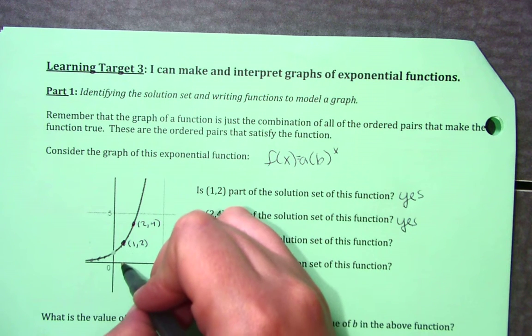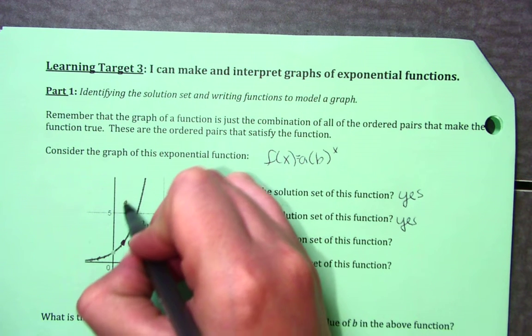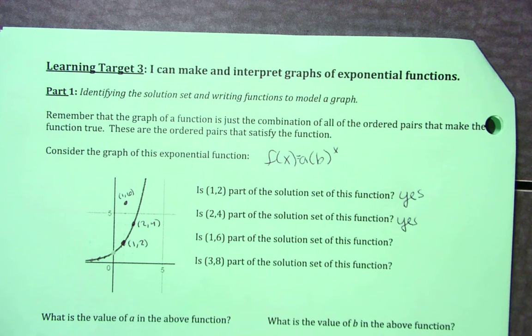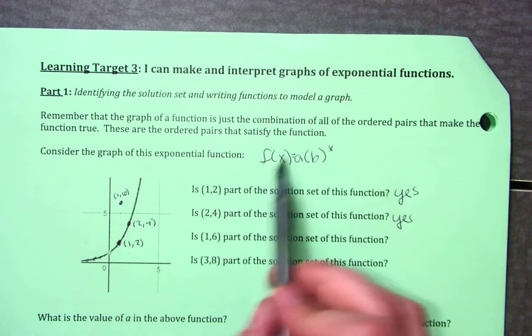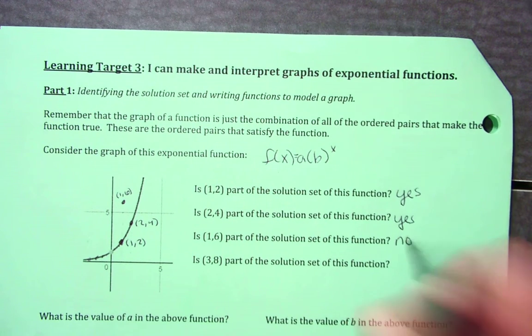The point (1, 6), so 1, 2, 3, 4, 5, 6, is not on the graph. That means that this xy pair, if we were to plug it in here, we would get two sides that don't equal each other. So this is not part of the solution set.